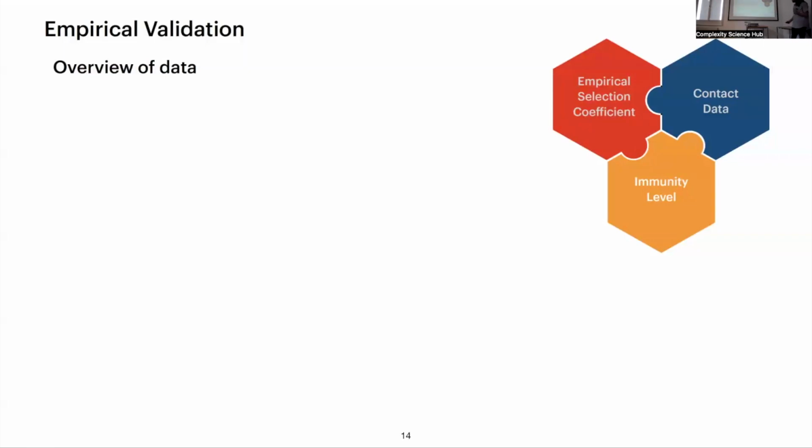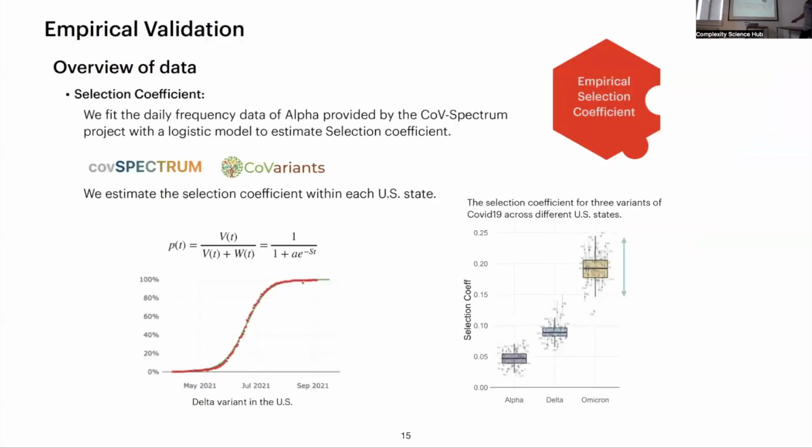Well, the empirical selection coefficient I showed you earlier. As I said before, we can compute the selection coefficient based on the incidence of the variant. We did that for the alpha, delta, and Omicron variants.